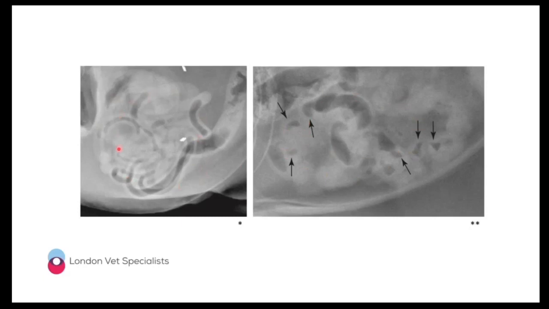This is an obese cat that just has some bunching of small bowel within the mid-abdomen, and this is an incidental anatomic variant. These metallic opacities that we can see in this abdomen are just hemoclips secondary to previous ovariohysterectomy.